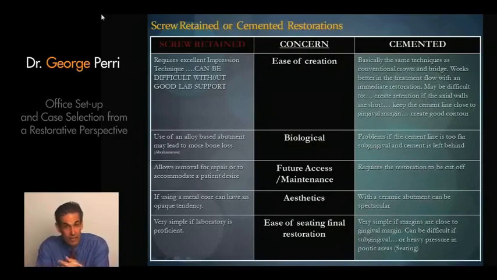Aesthetics with a cemented all-ceramic crown on a ceramic abutment can be the most outstanding natural aesthetics that we can achieve. It is beautiful, it has beautiful light transference through the restoration, and it's something that I think we all strive to achieve. It is more difficult if you have a metal abutment that may require or show a soft tissue glow of the titanium or gold abutment through the tissue that may not be aesthetic.